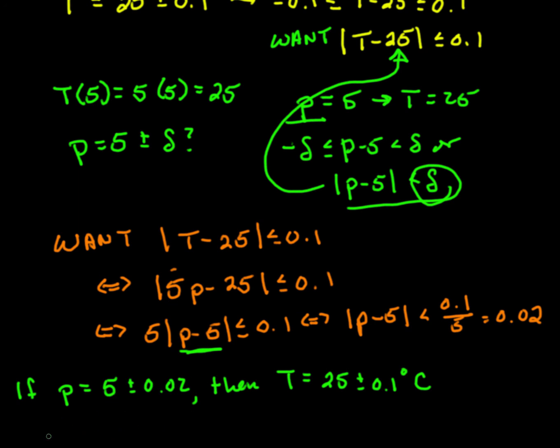Okay, so what this is really telling me is that from 4.98 all the way up to 5.02, as long as my pressure is in this range, my temperature will be within 25.1 or as low as 24.9, which is what we wanted to know. As long as the pressure is between 4.98 to 5.02, that's the range of my pressure. If that stays in there, my temperature will stay in the range I want.